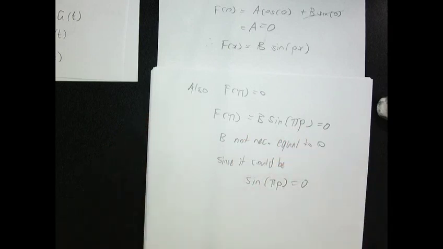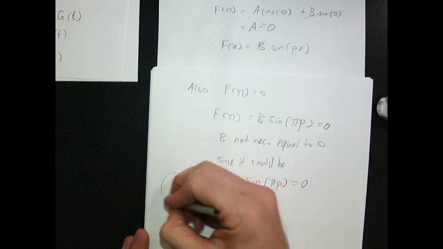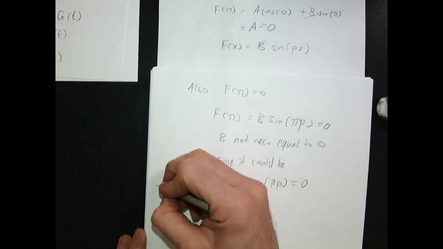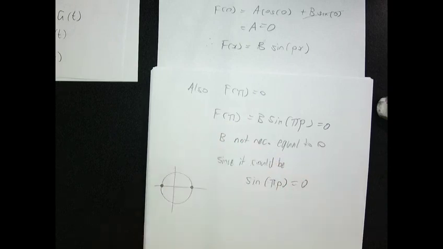So it could be that sine of pi p is 0, and that means that b doesn't have to be 0. And sine of pi p being 0 means that the thing inside it has to be an angle that makes sine 0. So let's see, sine is 0 here and here, because it's the y coordinate.